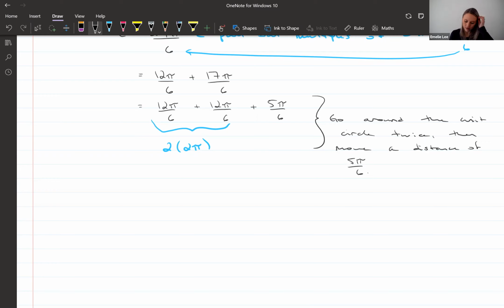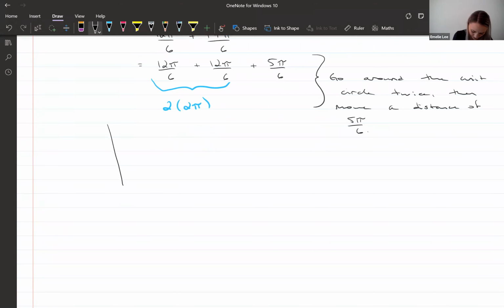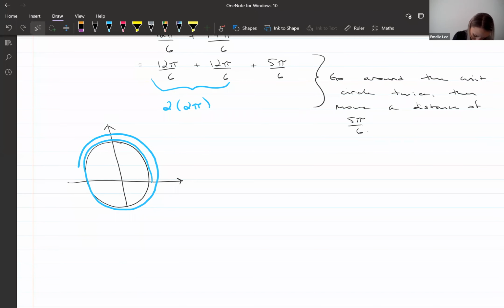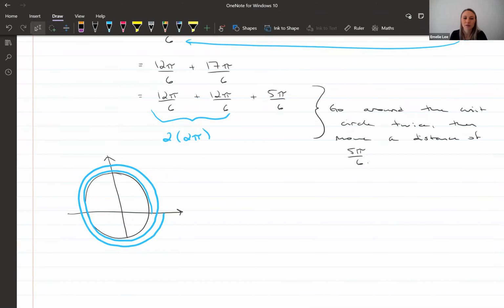Okay. So what does that look like? Well, we can draw our unit circle here. So what I've done is I've gone once around, twice around, and then I'm moving 5 pi over 6. Okay. 5 pi over 6 is really close to 6 pi over 6, which would be at the halfway mark, right?